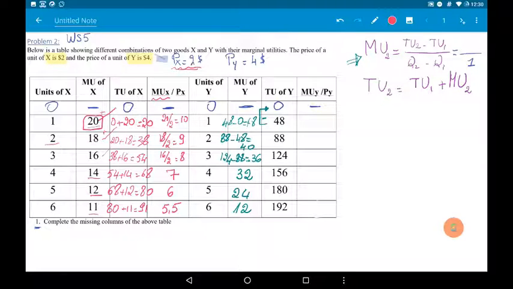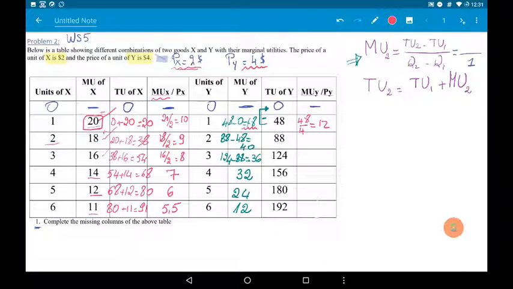As for the marginal utility per dollar for good Y, its marginal utility, 48, over the price of Y, which is 4. So, 48 over 4, which is 12.